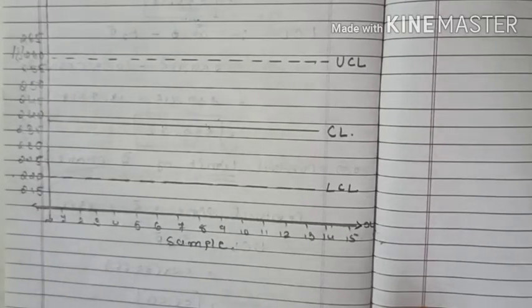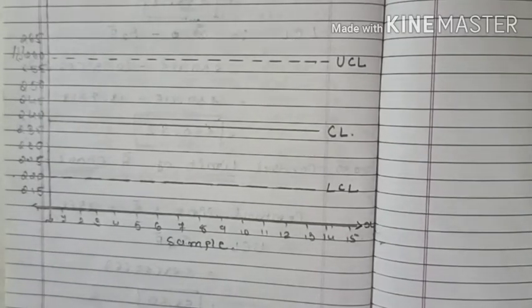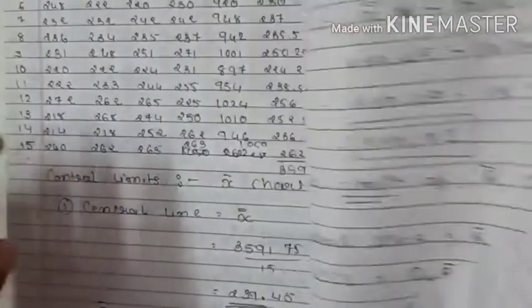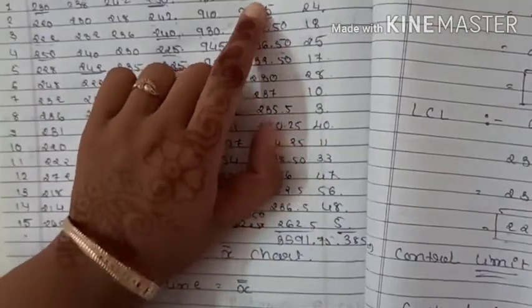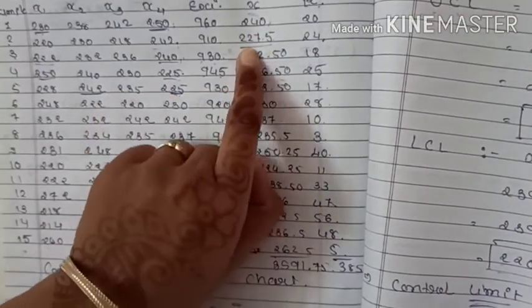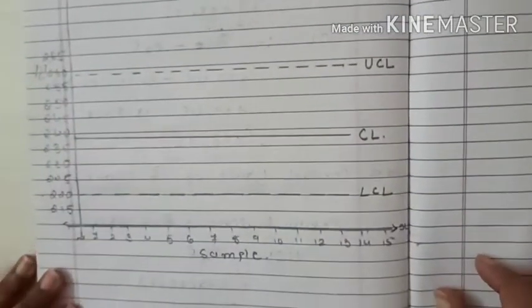Let's put the mark of each element of the X bar chart. So first is 240, second is 227, third is 232.